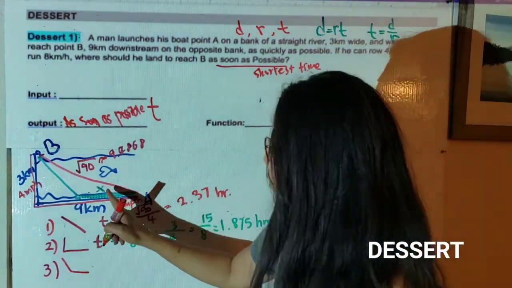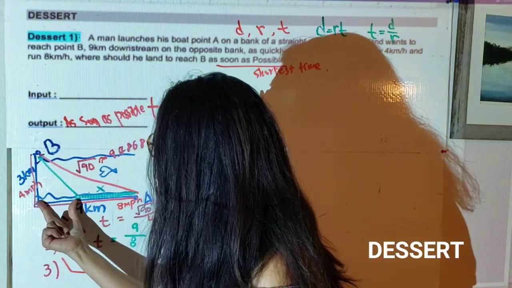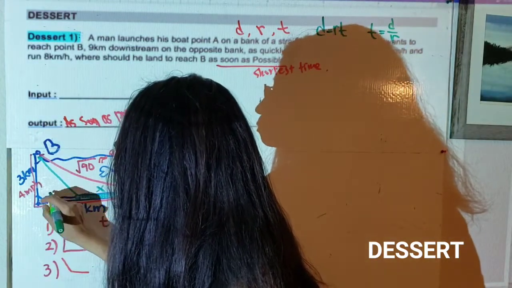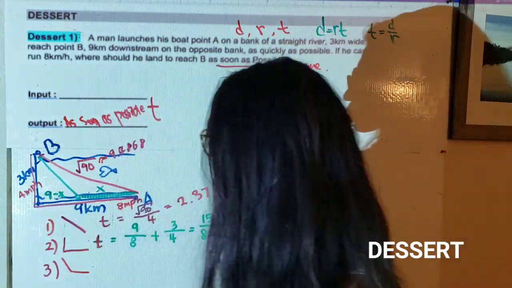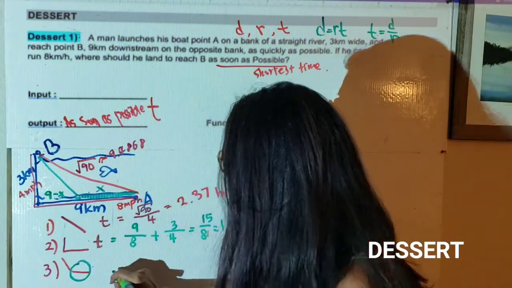So I set that point as x. Then watch carefully: what is this length? That's going to be 9 minus x. Now let's calculate the time it takes.